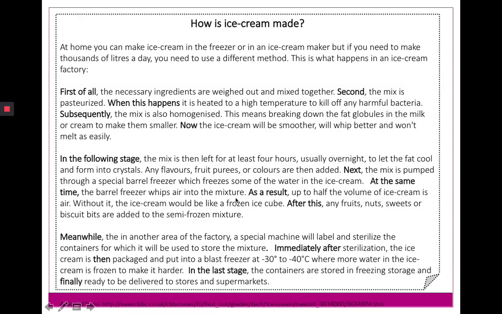At the same time, the barrel freezer whips air into the mixture. As a result, up to half the volume of ice cream is air. Without it, the ice cream would be like a frozen ice cube. After this, any fruits, nuts, sweets, or biscuit bits are added to the semi-frozen mixture.